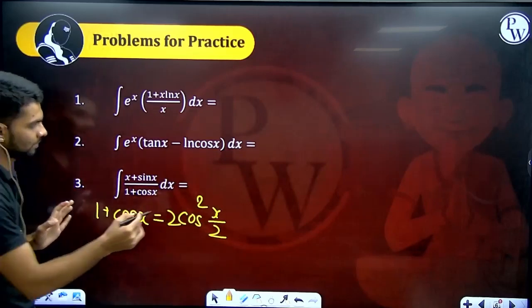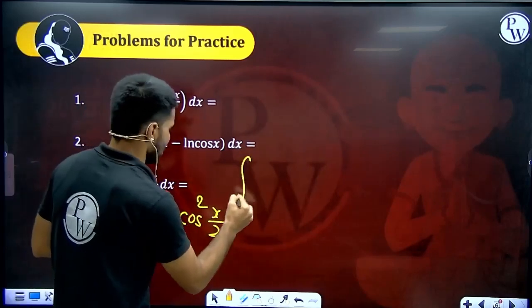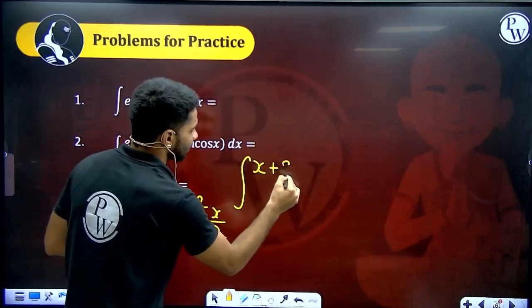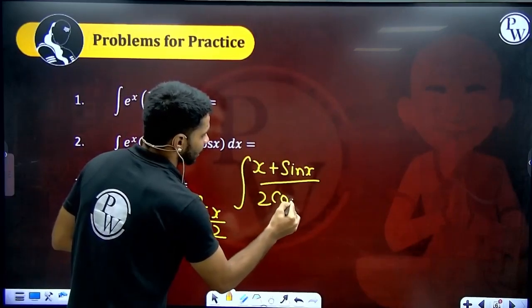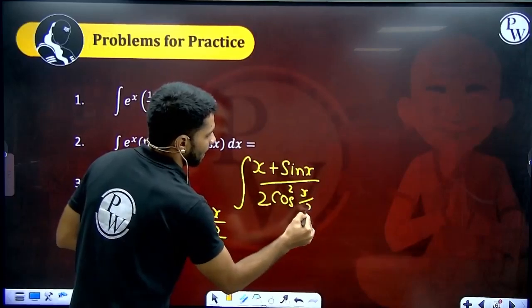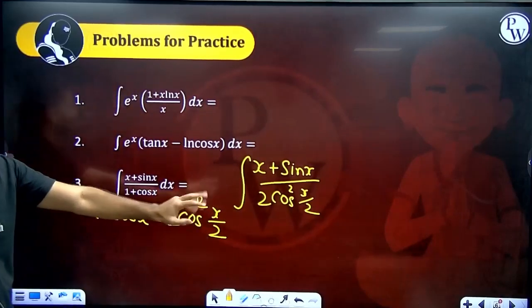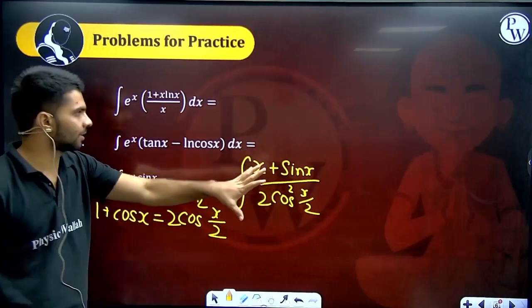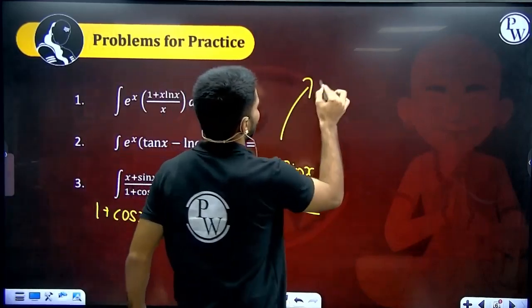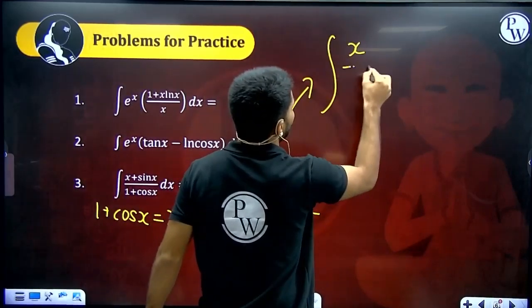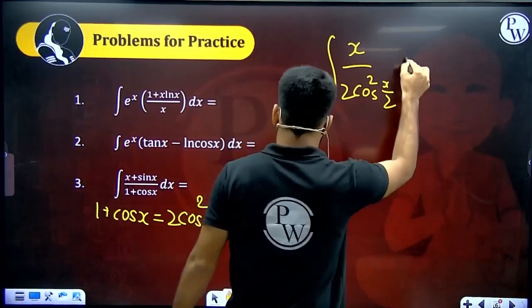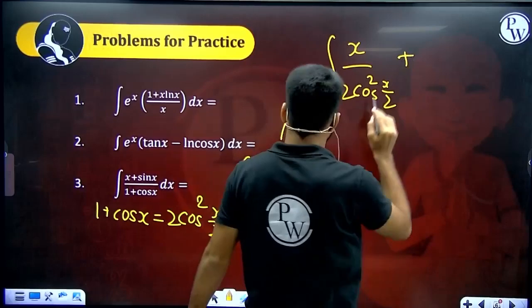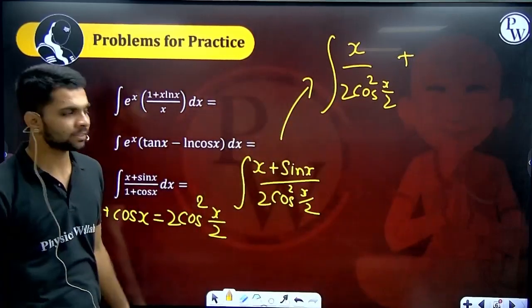Got it? So it is x plus sin x upon 2 cos square x by 2. Clear? Now separate it. Plus sin x. What to do about sin x?